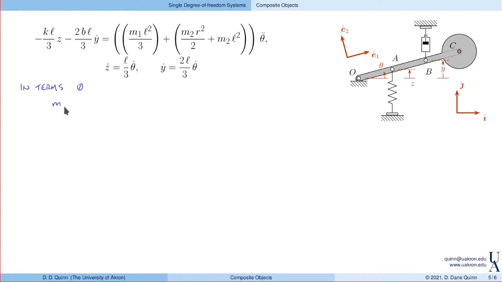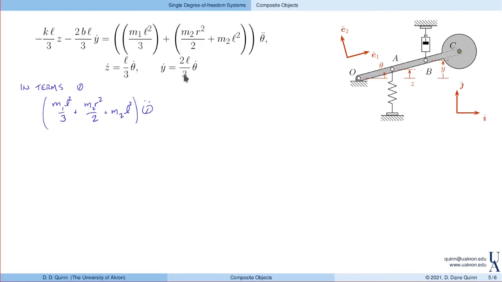So we have m1L squared over 3 plus m2R squared over 2. So this is just the moment of inertia times theta double dot. And then we'll bring these to the other side and use our coordinate relationships.